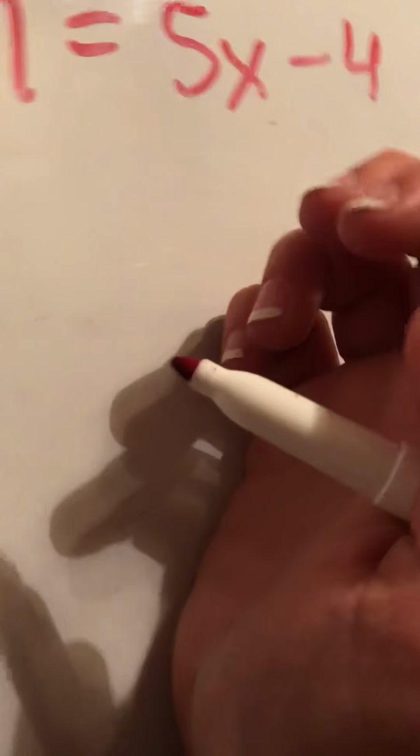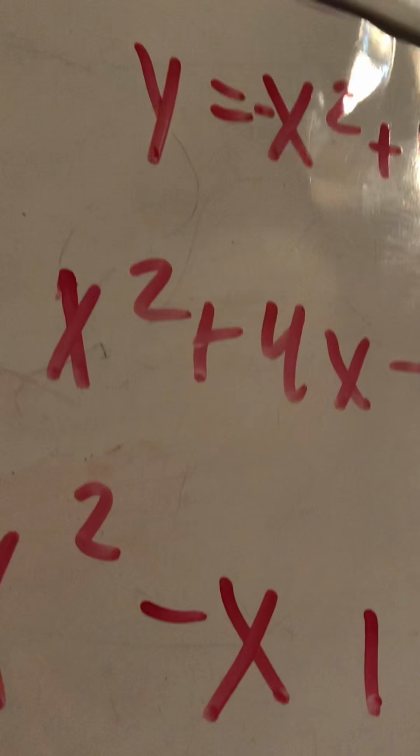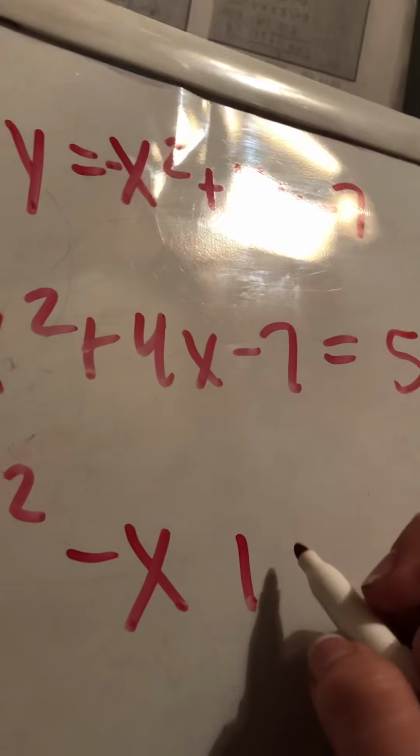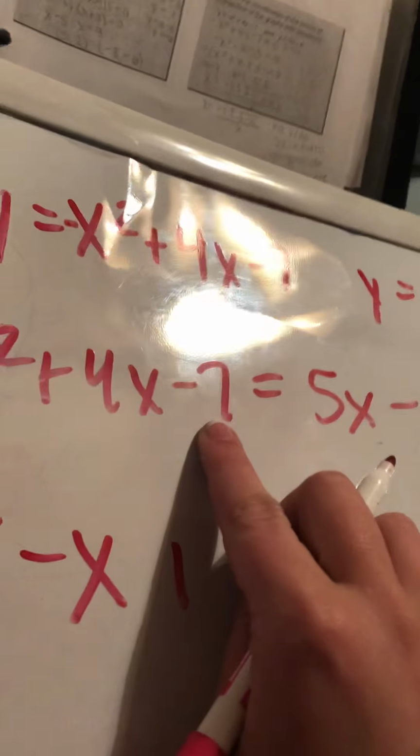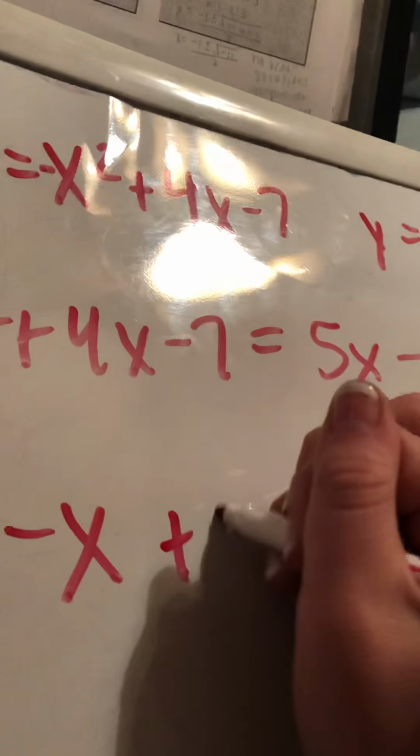Sorry, I'm looking at my notes as I'm doing this and it looks weird. Positive 7. I just did something weird with that. Okay, never mind. Ignore that. Plus 7 minus 4 is plus 3 equals 0.